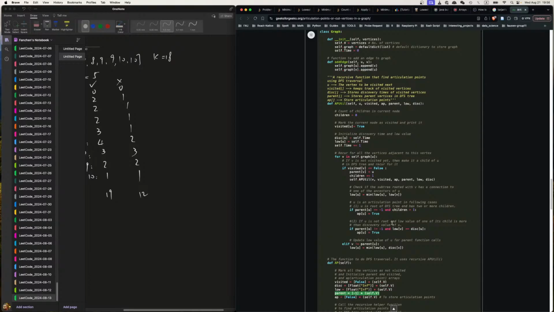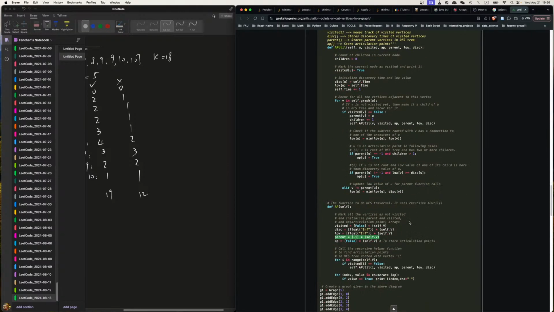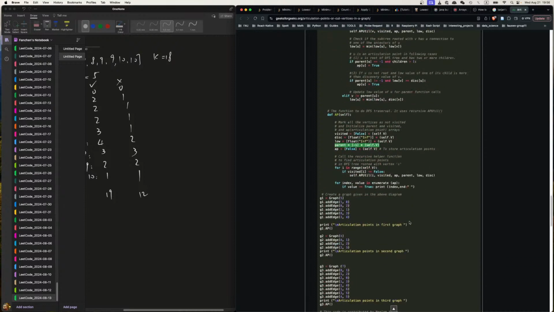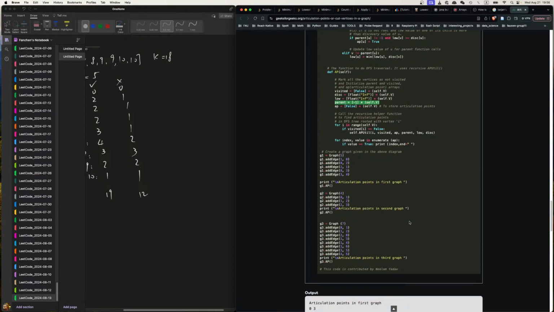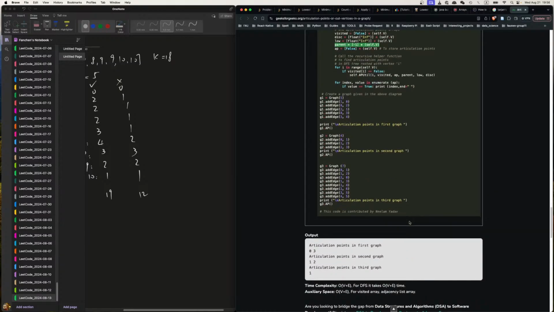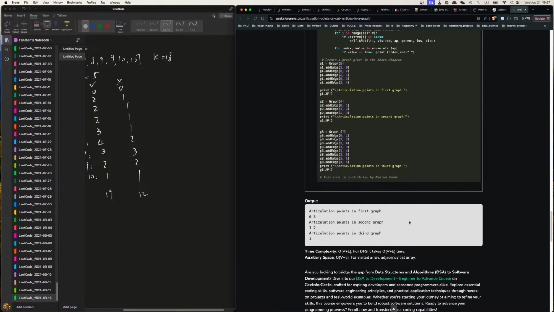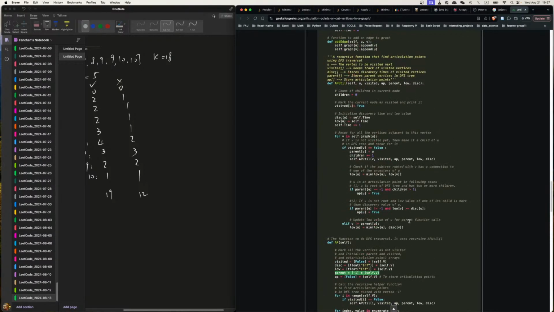If U is a root of the DFS tree and it has 2 or more children.